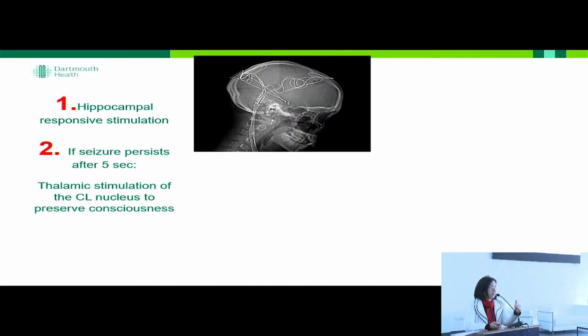This is a stimulator that was made specifically by Medtronic for research. It has 4 electrodes, not 2 like the RNS or DBS. 2 would go into the hippocampus, these are the hippocampal electrodes, and 2 into the thalamus. So we would stimulate first in the hippocampus and see if the seizure persists, and if it persists, then we stimulate the CL nucleus of the thalamus.